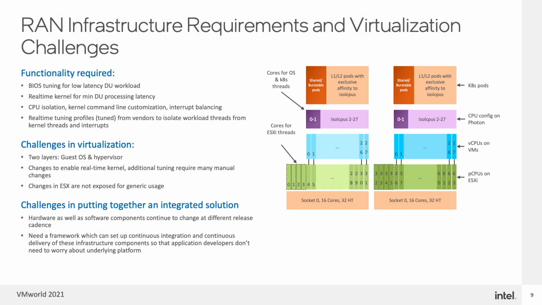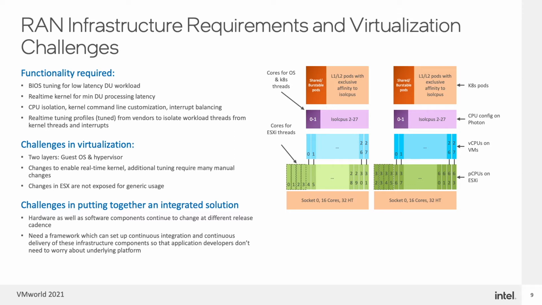And the third thing is all these components, as you saw: the processor, then the NIC and the respective drivers, actual BIOS configurations, and not just the configurations but the BIOS versions themselves. And then you have the Kubernetes version, the ESX hypervisor version, the Photon base OS version. All these are different components, and it is very likely that they will have their own release cycles.